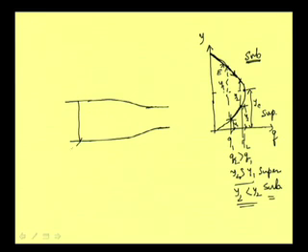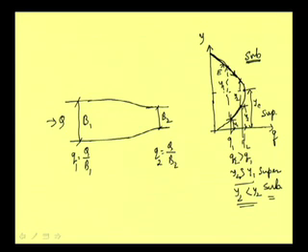Here our width is B1 and here B is B2, and the discharge coming is Q. So the unit discharge at this point is Q1 equals Q by B1, and at this point Q2 equals Q by B2. As B2 is less, Q2 is greater than Q1.